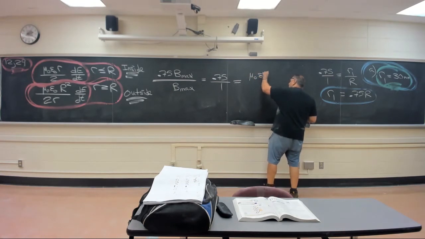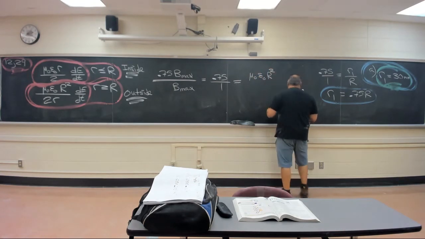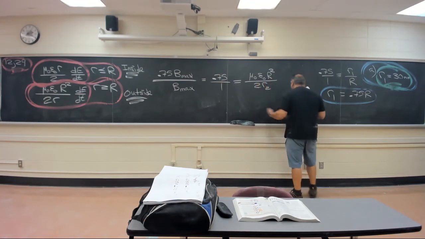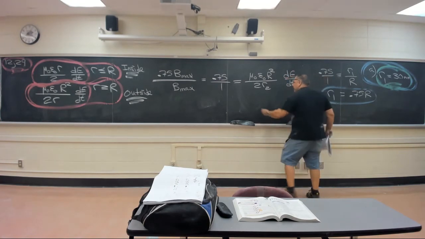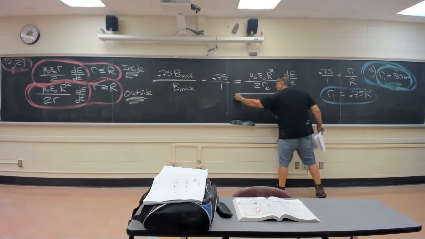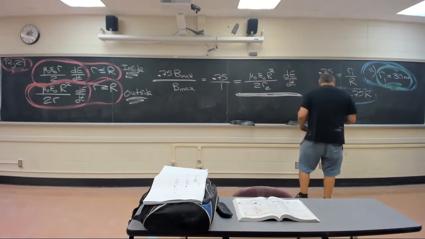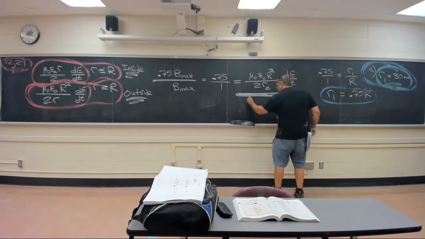The outside is over 2R. Well, let's call that R sub 2. It's got to be some number. They got this. And the other one is what the max was. And we said the max was going to be right at the edge. And in all circumstances, it's this.